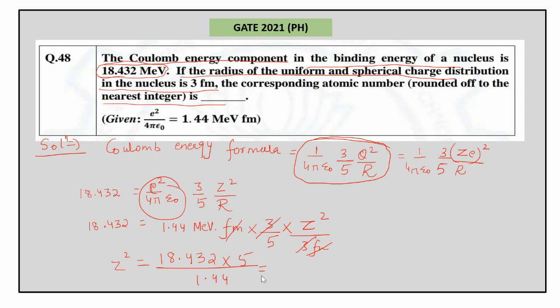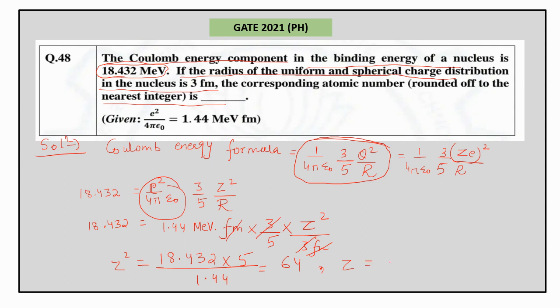Calculate it. This will come how much? This will come 64.